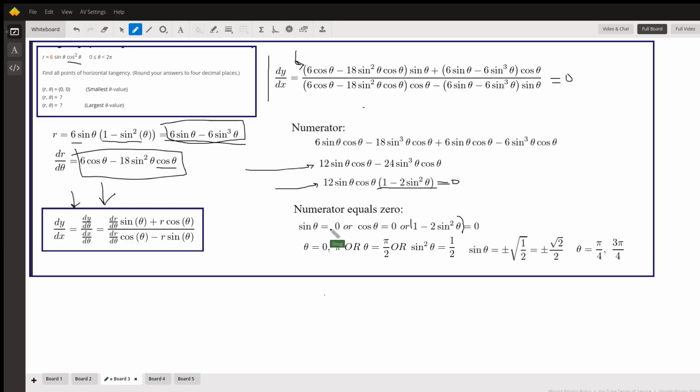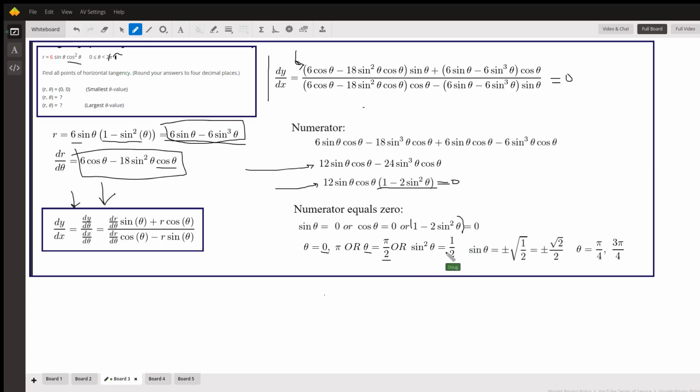So if sine theta equals 0, theta equals 0. If cosine theta equals 0, theta equals pi over 2, on the interval from 0 to pi. I could change this to pi. We'll talk about going to 2 pi in a minute.